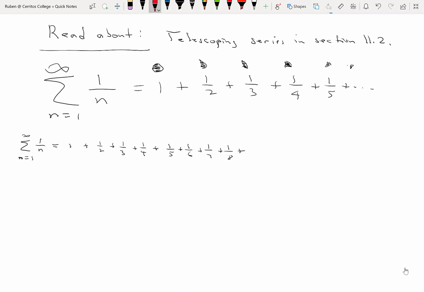I want to group 1/3 and 1/4 together. I want to group 1/5 through 1/8 together. In the next part of this series, I want to group together 1/9 plus all the way up to 1/16 together.